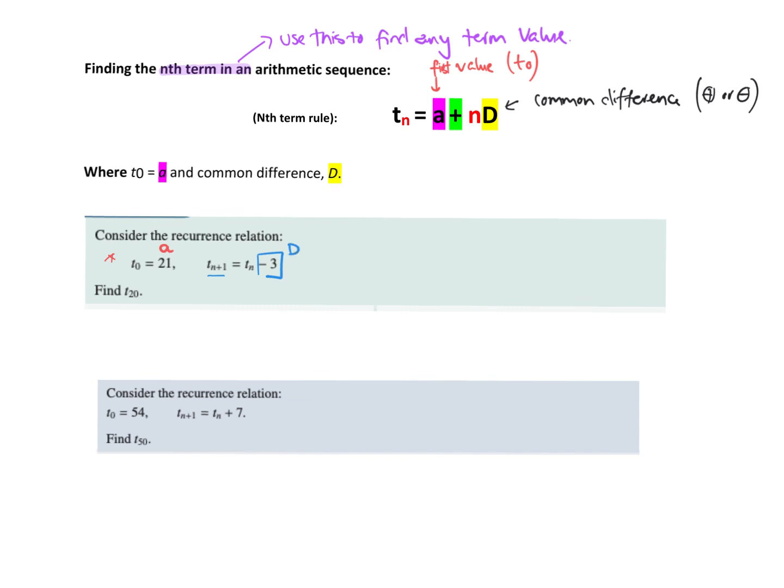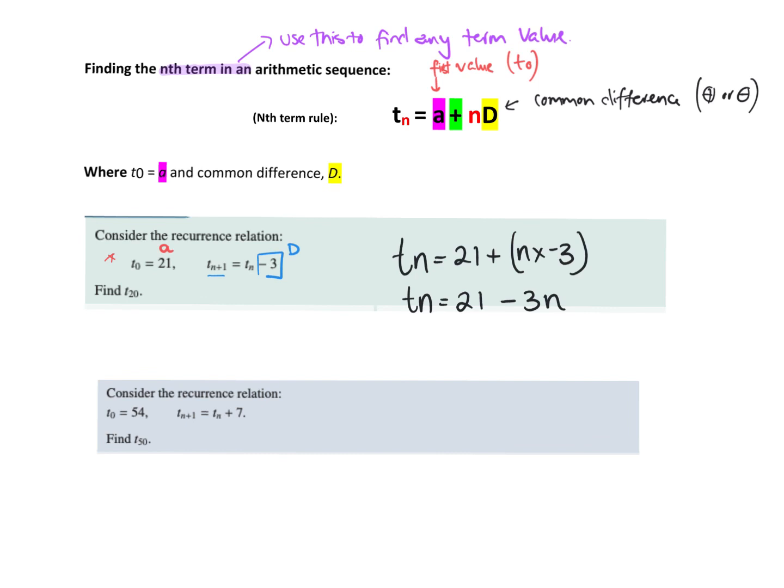So if I was going to write out the nth term formula, I'm just going to write it generically. In this scenario, it would be 21 plus n times -3, because that's what D is. Okay, so sometimes you can write it like that, but obviously you might see it written like this. And that's because of algebra. We like to put the letter after. But it's not wrong if you leave it up there.